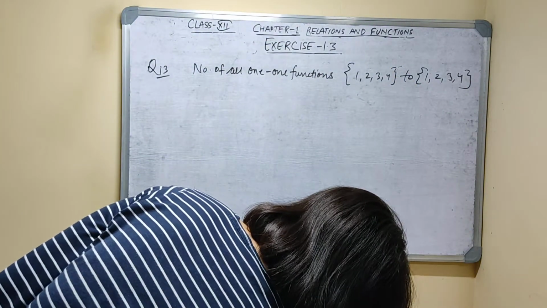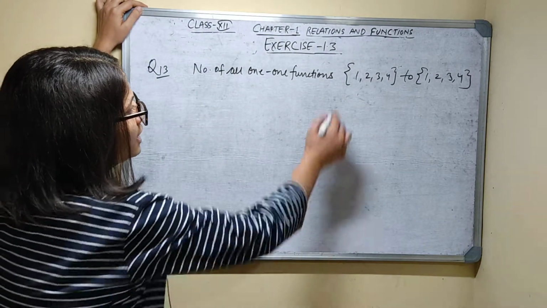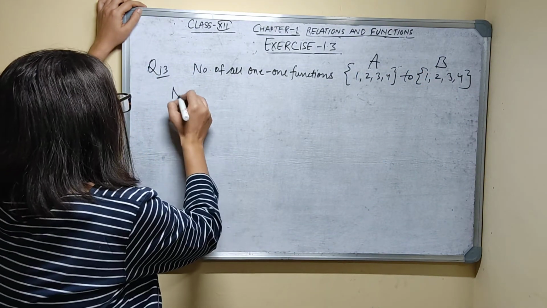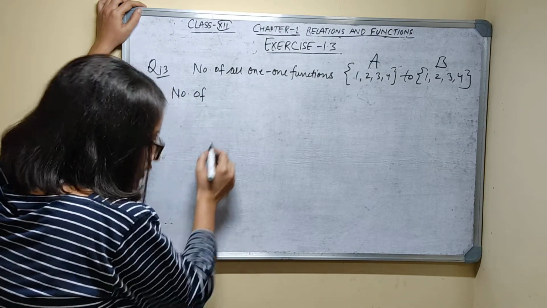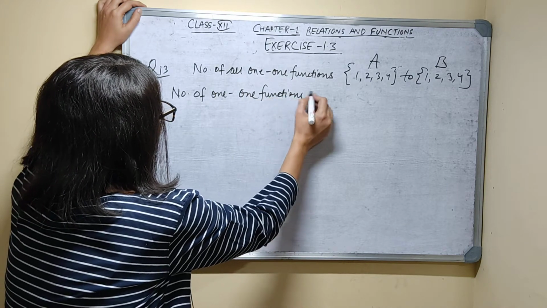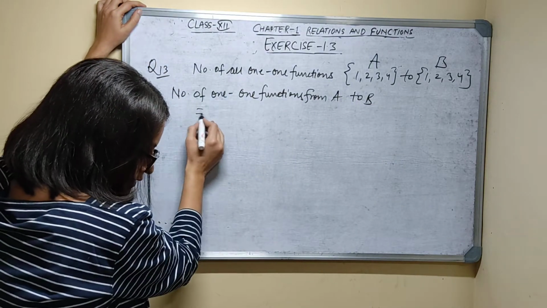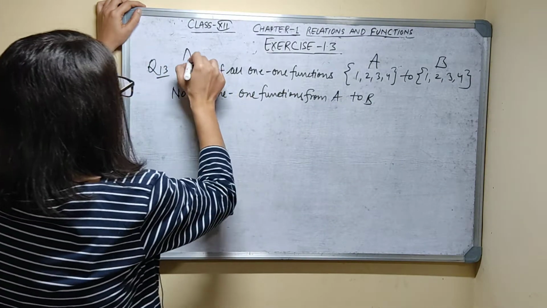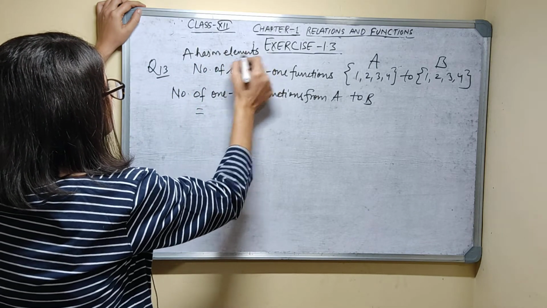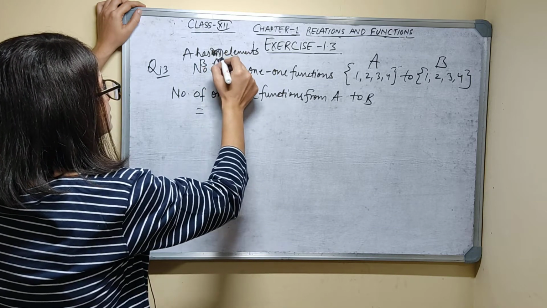So you know what the answer is. Let's say this is set A and this is set B. The number of one-one functions from A to B: let A have m elements and B have n elements.